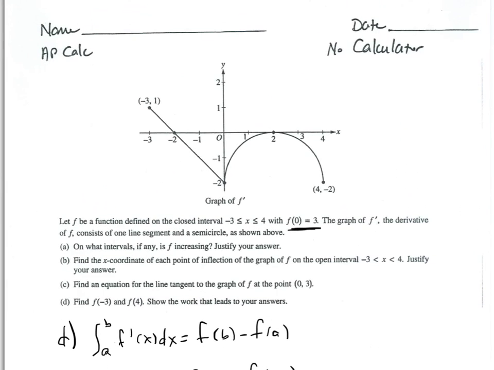So -3 to 0. Well, what I see is this triangle here has equal area to this triangle here. So these will kind of cancel out because one's above and one's below the x-axis. So what we need is to find the area of that trapezoid and then negate it because it's underneath the x-axis.